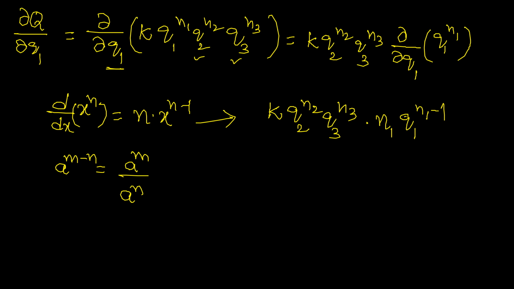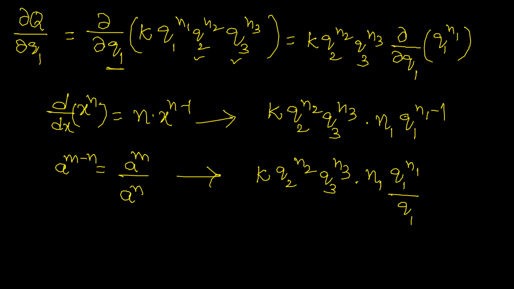By using this, we can rewrite this as K times q2 power n2, q3 power n3, n1 times q1 power n1 by q1. That is equal to Q times n1 by q1.